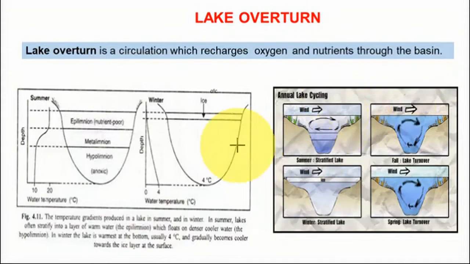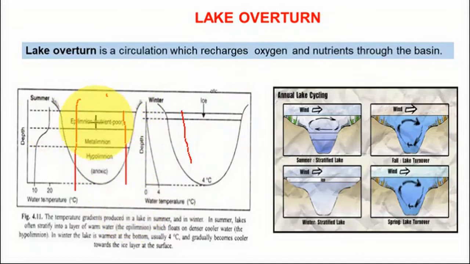Whatever the situation of the lake during summer may be different in the winter. Whatever the situation in terms of oxygen and nutrients during summer may not be the same during winter. Here you can see that during summer it has very beautifully structured layers.